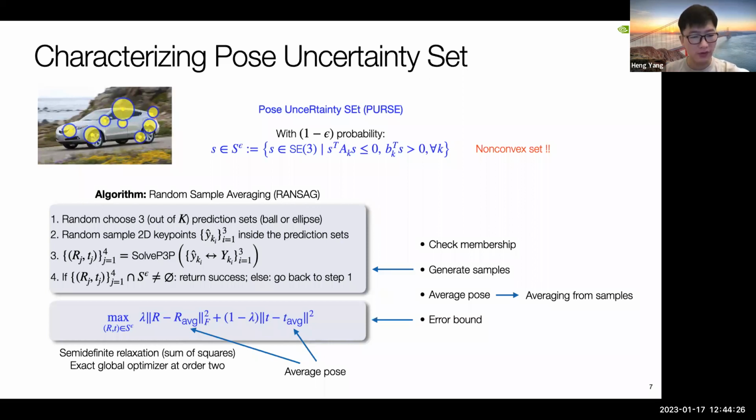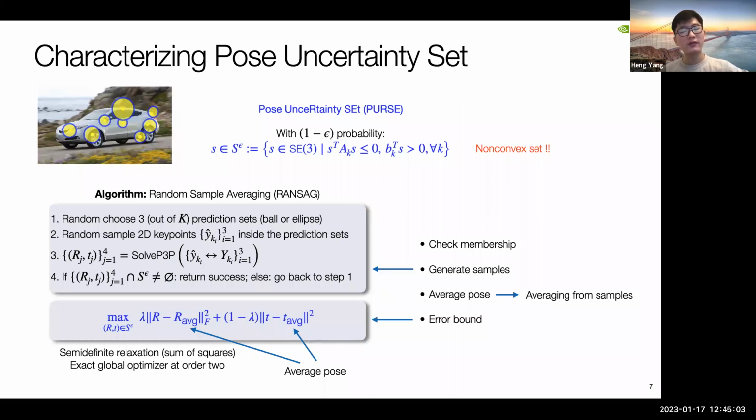And we found that the relaxation almost always gives you the global optimizer of this problem at order 2. What's even nicer is that even if your relaxation is not exact, what you get is an overestimation, an upper bound, of the optimal value of this optimization problem, which in turn is an upper bound of my error.